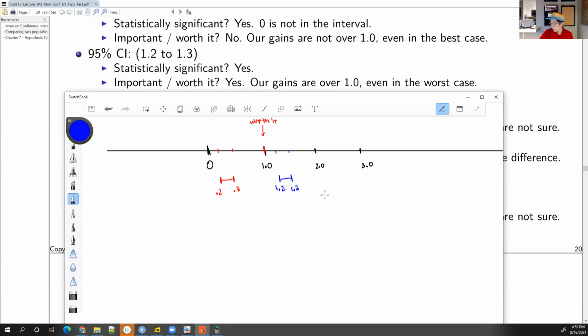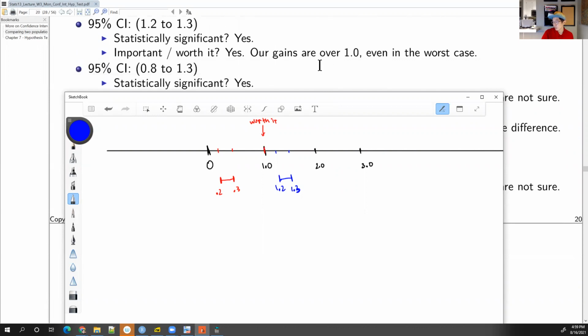It's certainly going to be worth it because our gains go from 1.2 to 1.3, which means even in the worst case, quote unquote worst case of us being down at 1.2, it's still going to be above 1.0, right? And we've got evidence that our gains are going to be above 1.0. We know they're most likely between 1.2 and 1.3. So it's going to be worth it to invest in this product.